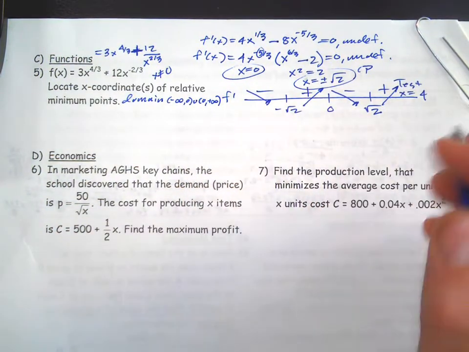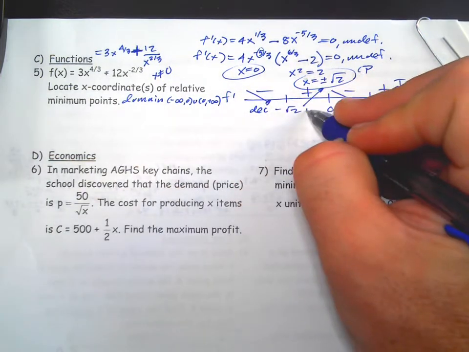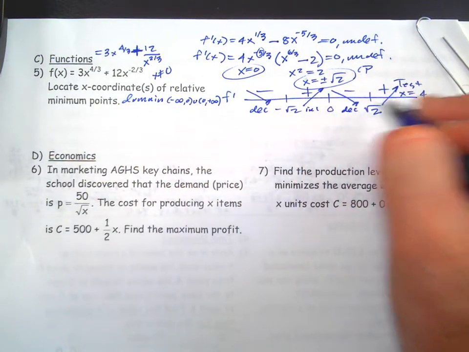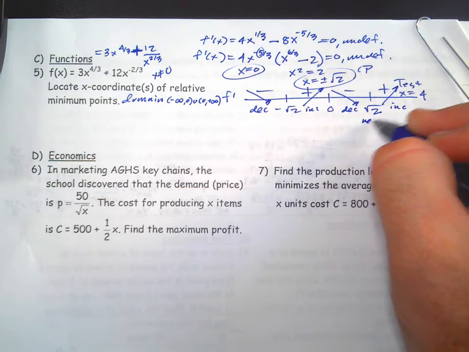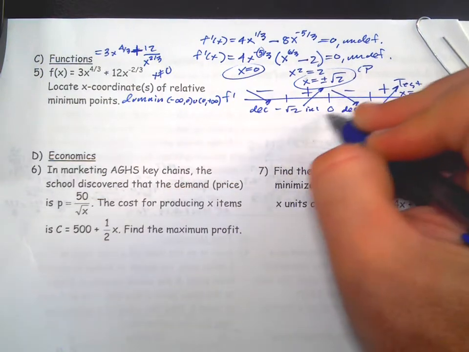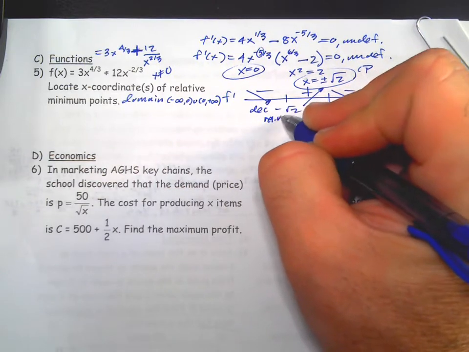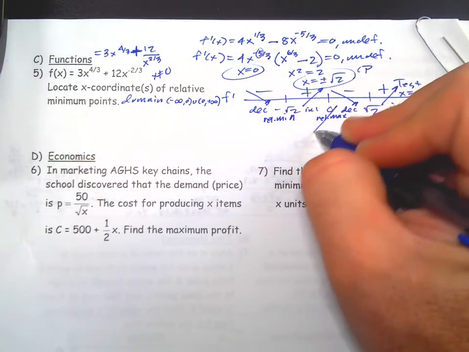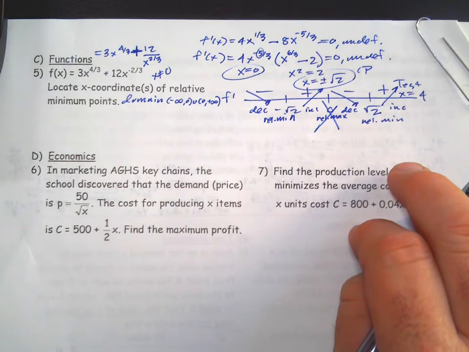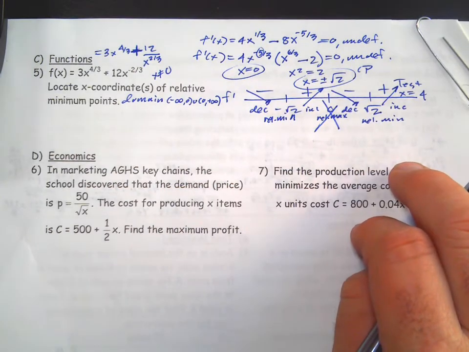This graph doesn't exist. So it looks like decreasing, increasing, decreasing, increasing, relative min. This looks like a relative max. This looks like a relative min. But this one doesn't exist. The graph doesn't even exist there, so we can't give that one.